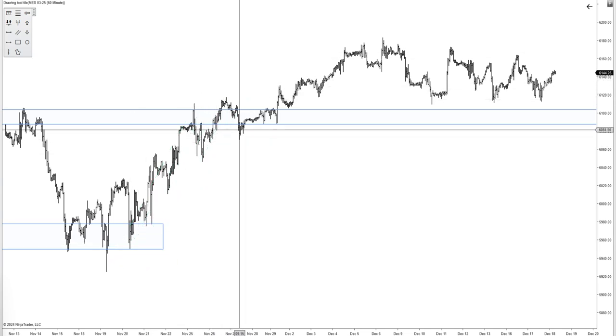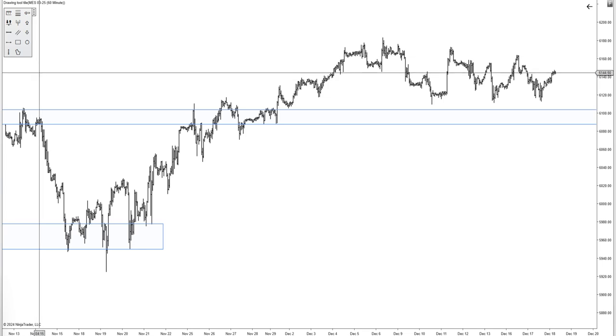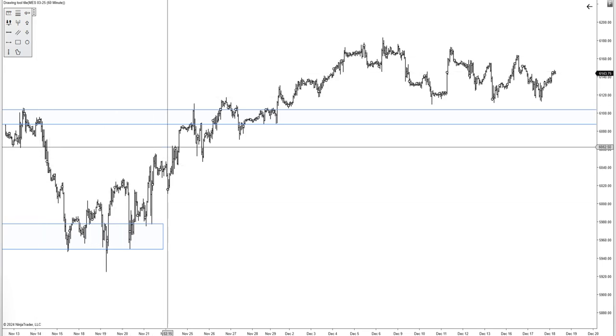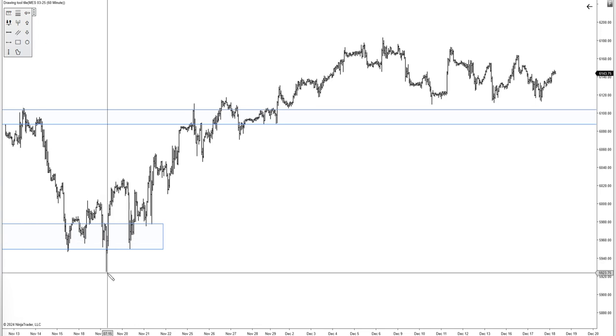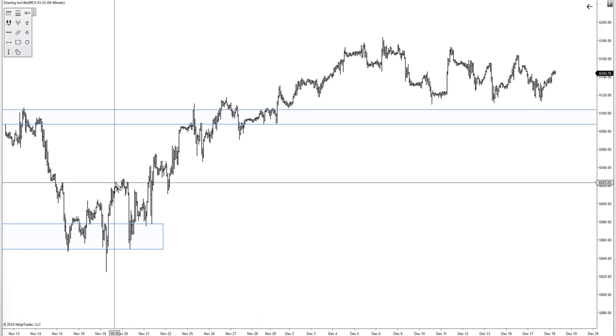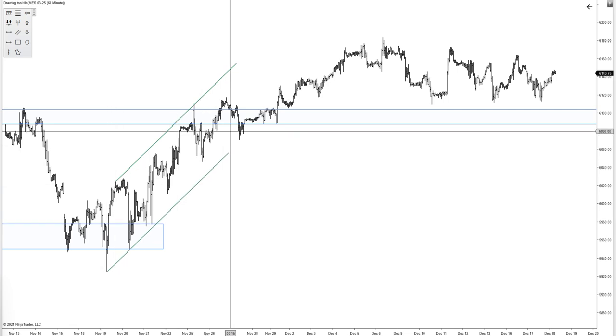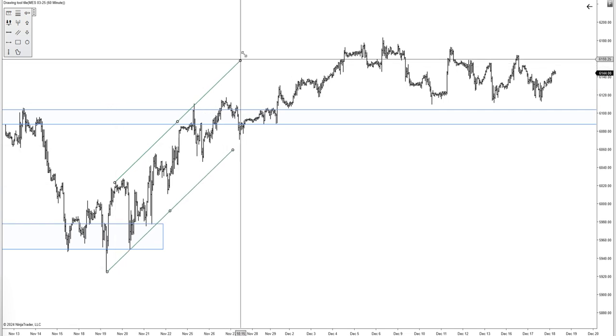See, I screwed that one up too. Essentially, you want to connect the high with the low. That's a trend line.